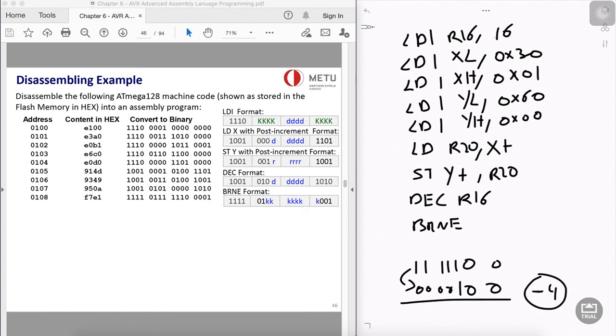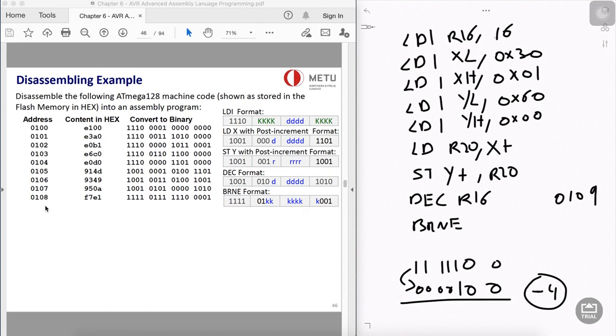Now, if we look at over here, this is 108, right? So the program counter is pointing to the next address, which is 109 after BRNE. So now we have to go back 4 steps.